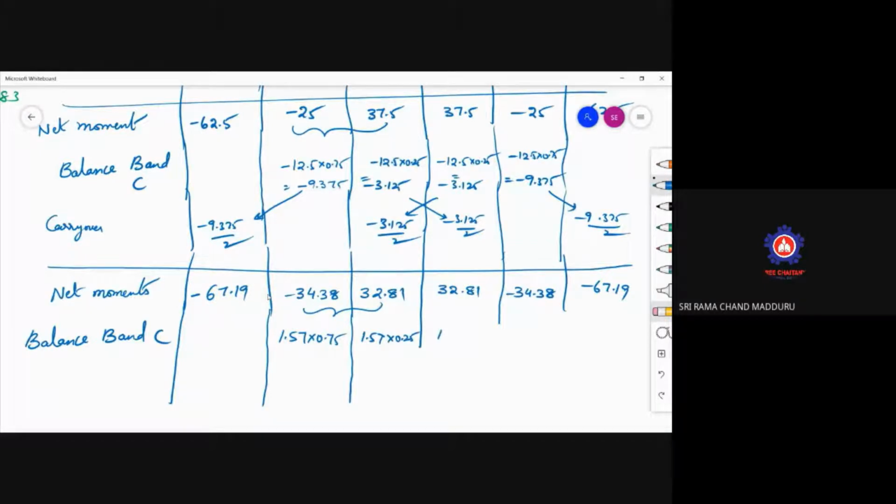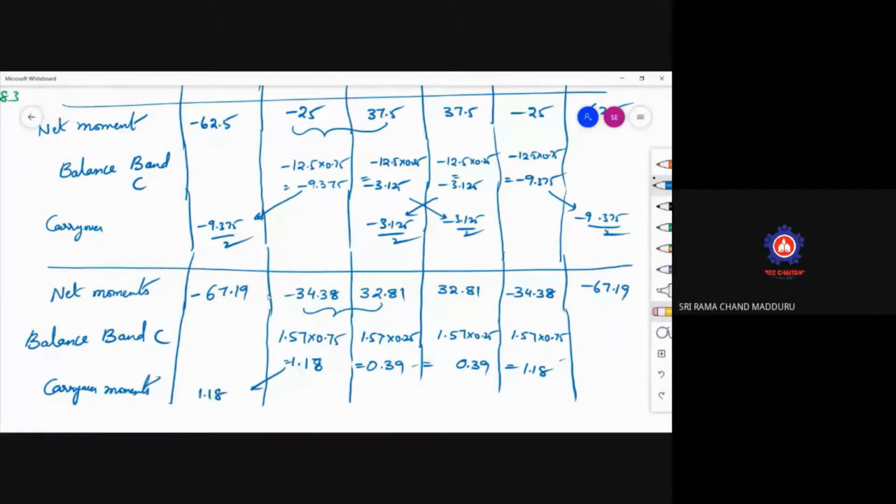This is 1.57 into 0.25. 1.57 into 0.75. Now write down the carrier moments. 1.18 by 2, 0.39 by 2, 0.39 by 2, 1.18 by 2.